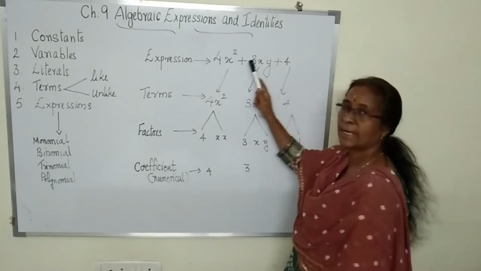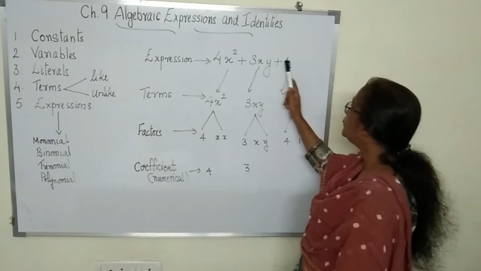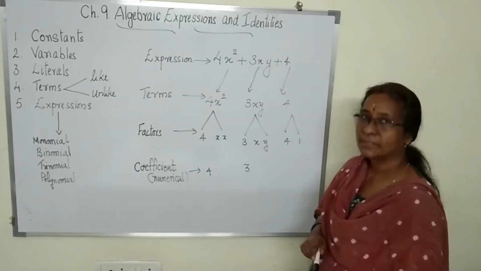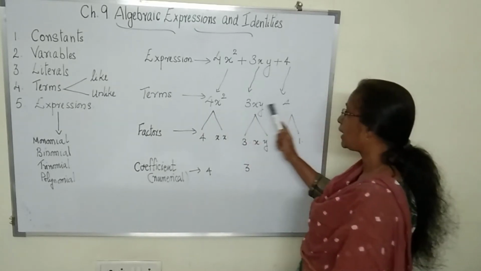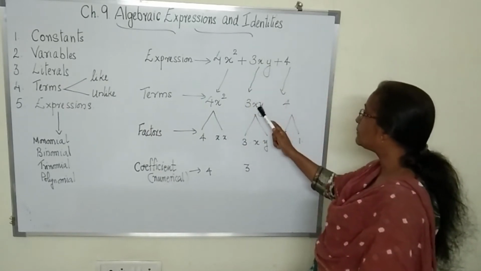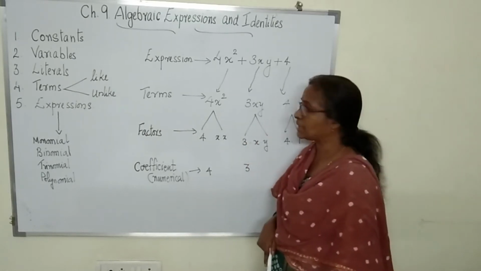Terms are separated by plus or minus sign. Here 1, 2, 3 terms are there. So what type of expression is it? It is a trinomial. Which are the terms? 4x square, 3xy and 4 are the terms of the expression.